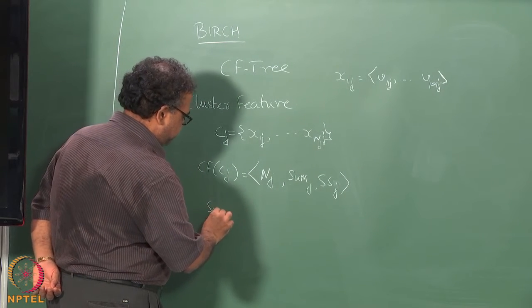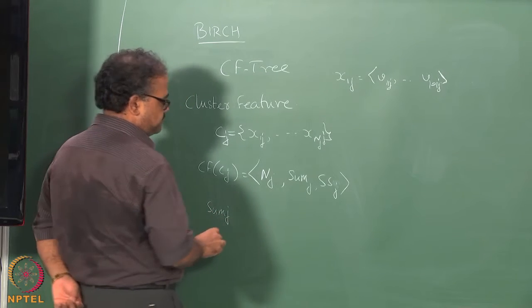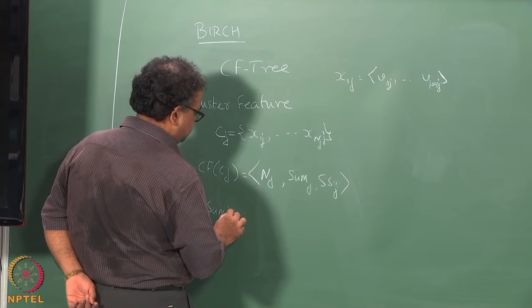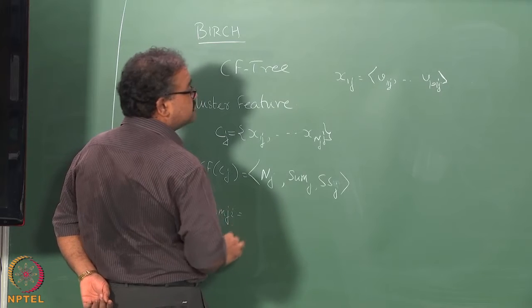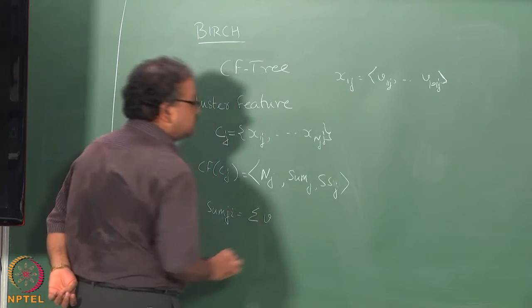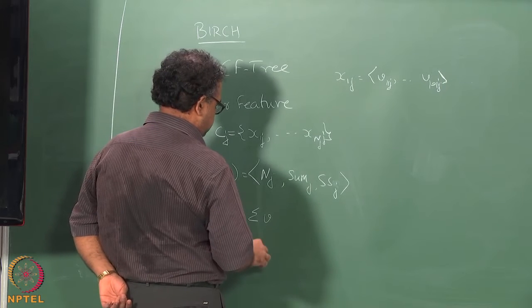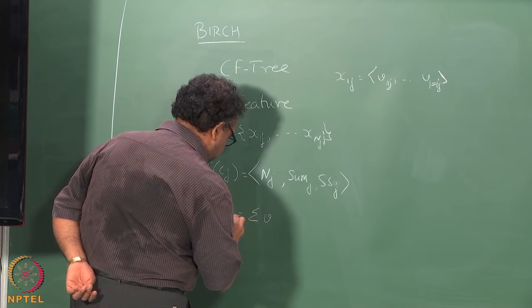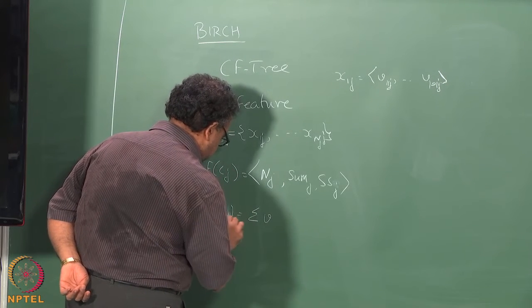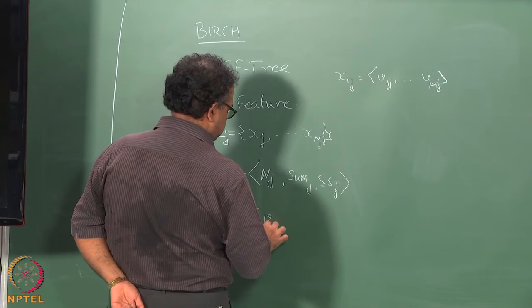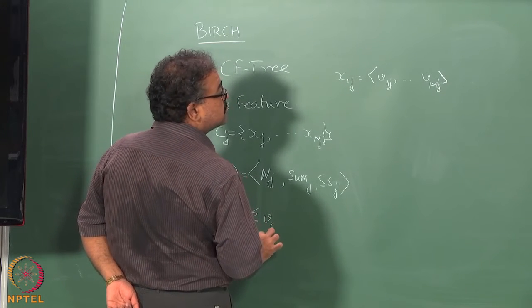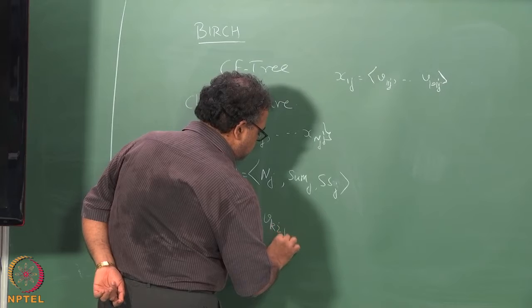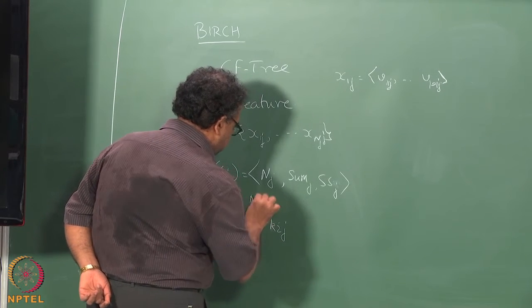So, sum j is again a vector, right, sum j is a vector, and okay.